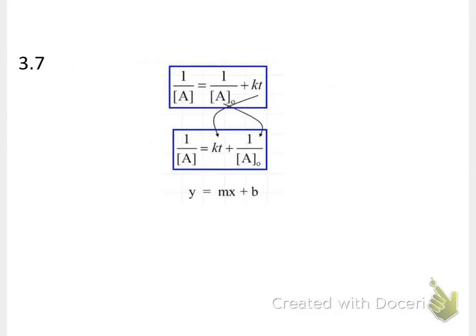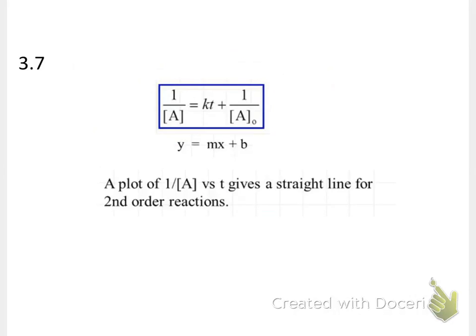Okay, so if I take that and rearrange it to just move these two things, I end up with it in the form of an equation for a line, y equals mx plus b form, right? With this being y, the slope being k, and time being my x. So a plot of 1 over A versus time gives us a straight line for second order reactions.